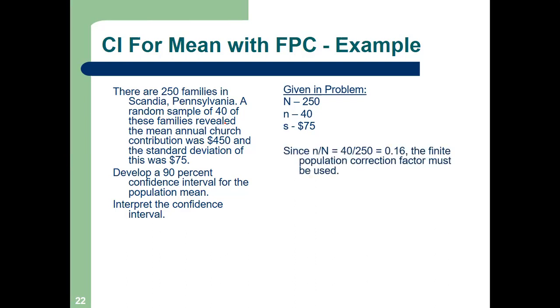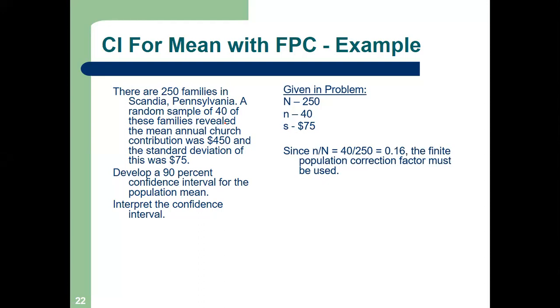Because of our small n by capital N. What is our small n in the problem? 40. What is our capital N? 250. What is 40 by 250? 0.16. Is 0.16 less than 0.05 or greater than 0.05?